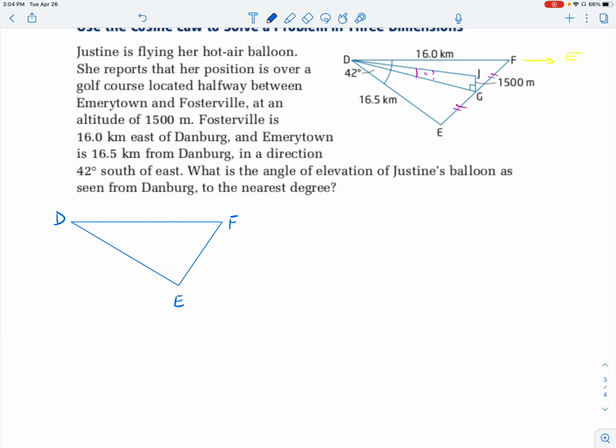Okay, and this is 42. This is 16.5. This is 16. Okay, I'm going to call this side length d. I'm calling it lowercase d because it's opposite to the angle D, right, at the vertex there.